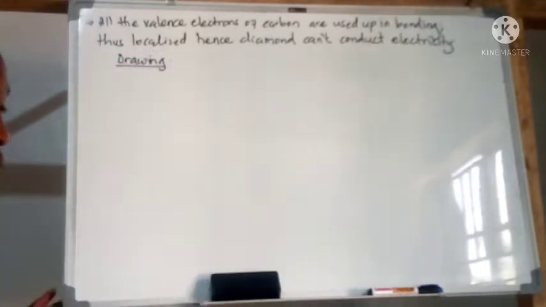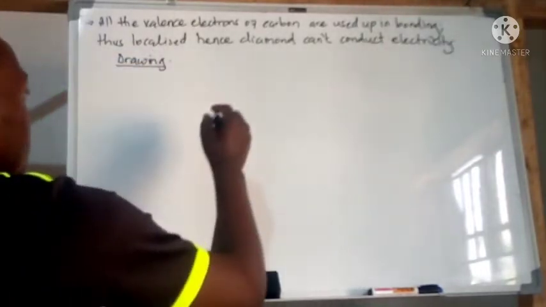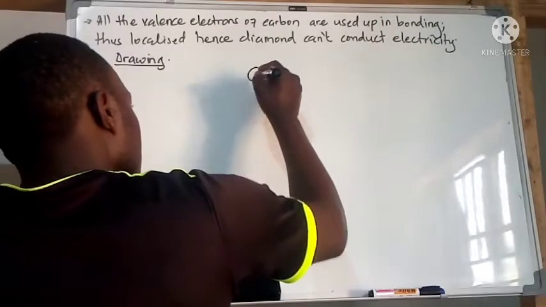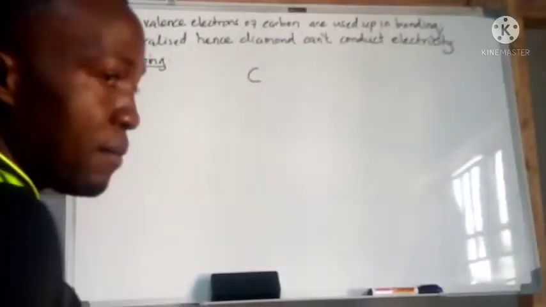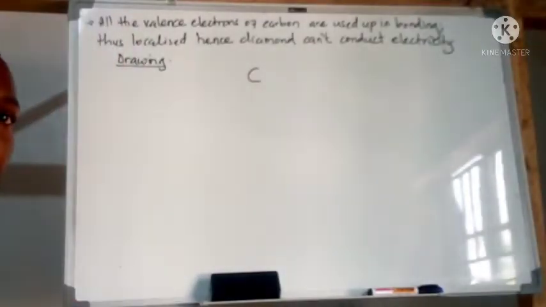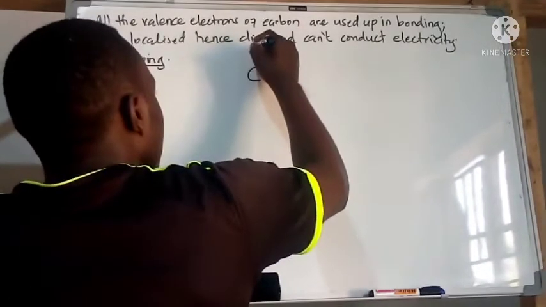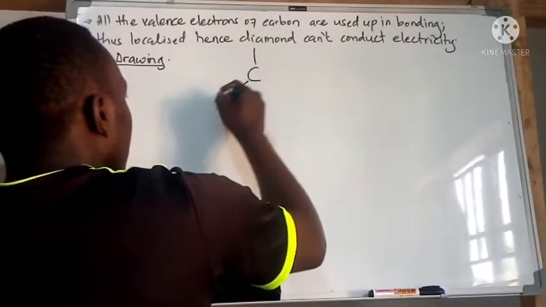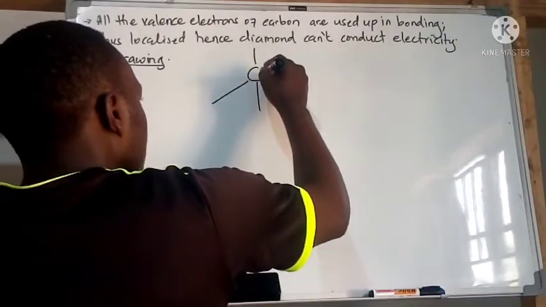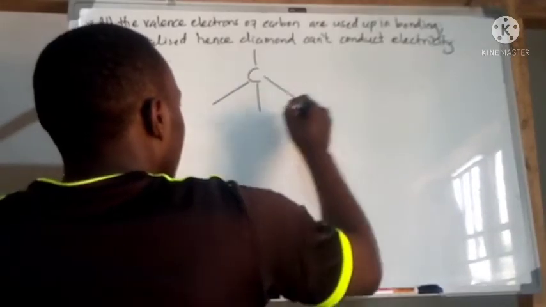So when we look at the drawing of the structure, take C as the symbol of carbon. We've agreed that each carbon is bonded to 4 other carbon atoms in a tetrahedral structure.